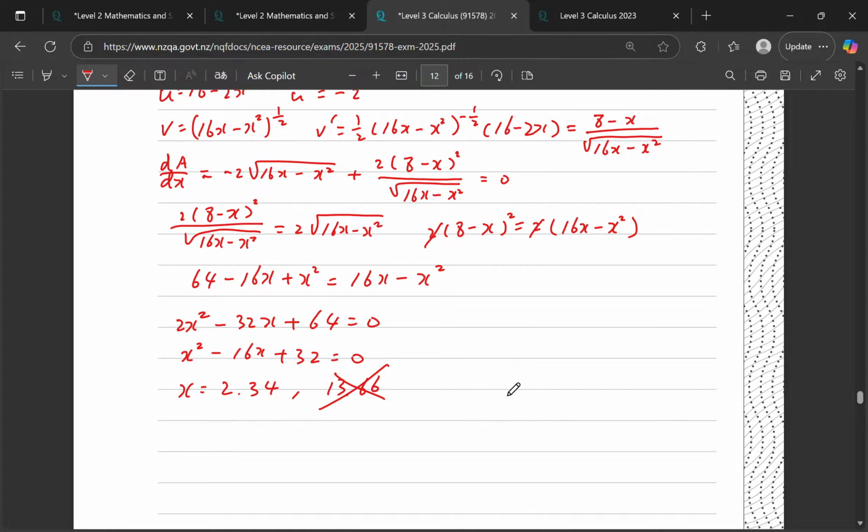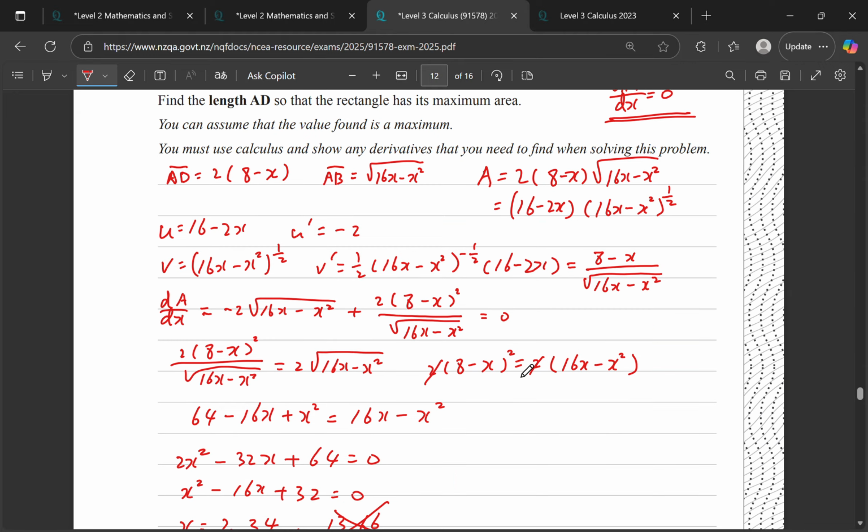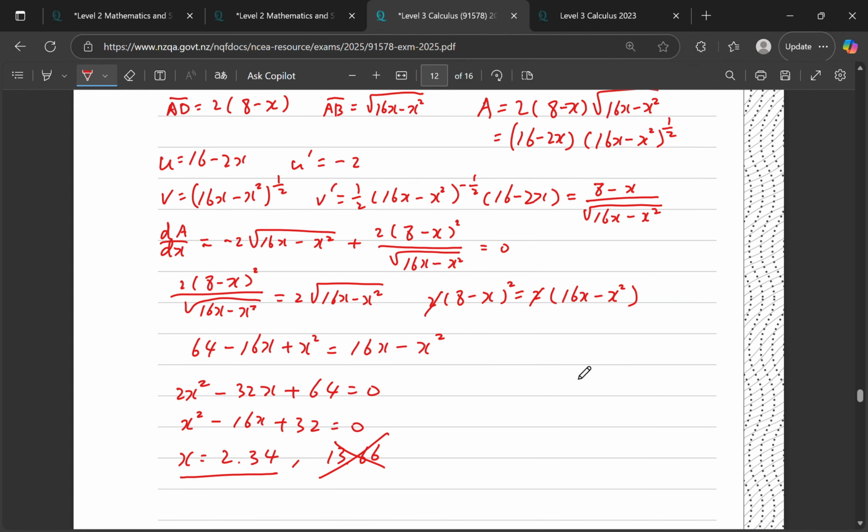So x should be 2.34. If I plug that into AD, which is just 2 times 8 minus x, AD equals 2 times 8 minus 2.34.